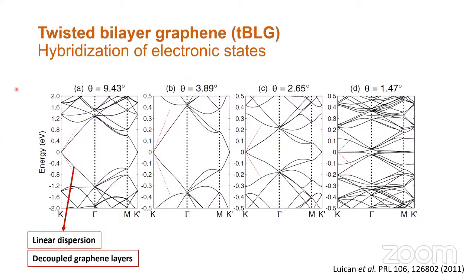The first regime is large angle, where the linear dispersion is maintained in the two layers, and the two graphene layers behave essentially in a decoupled manner, that means they are essentially independent of each other.